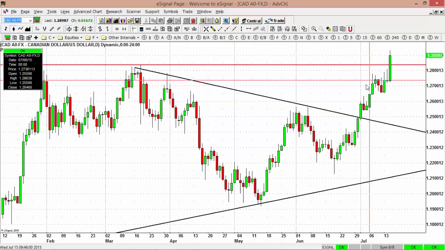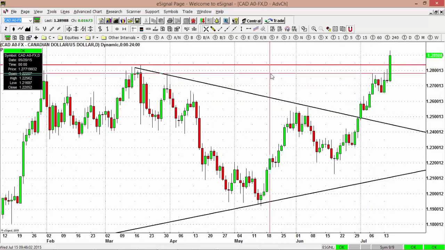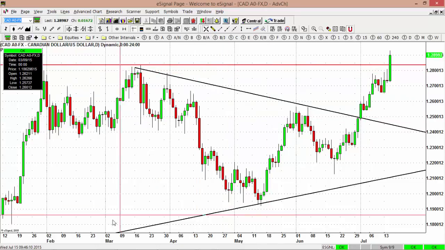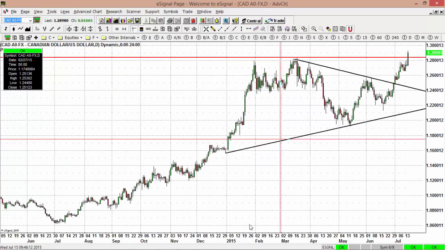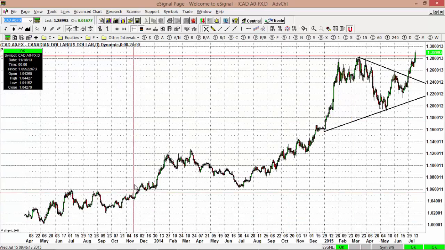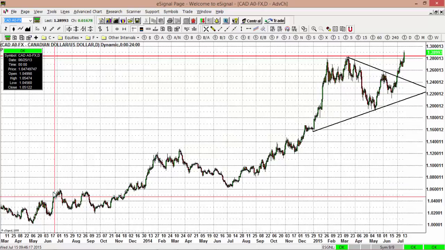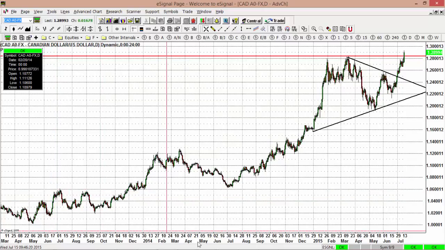So we should wait for our close to say, okay, this area of resistance is definitely cleared out. But the USD Canadian dollar is fairly bullish, and the market has been in an uptrend for just over 2 years now, and the uptrend is continuing.